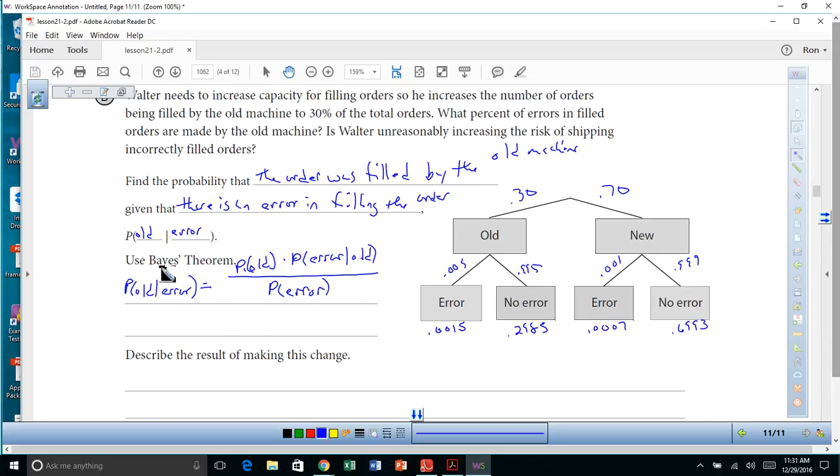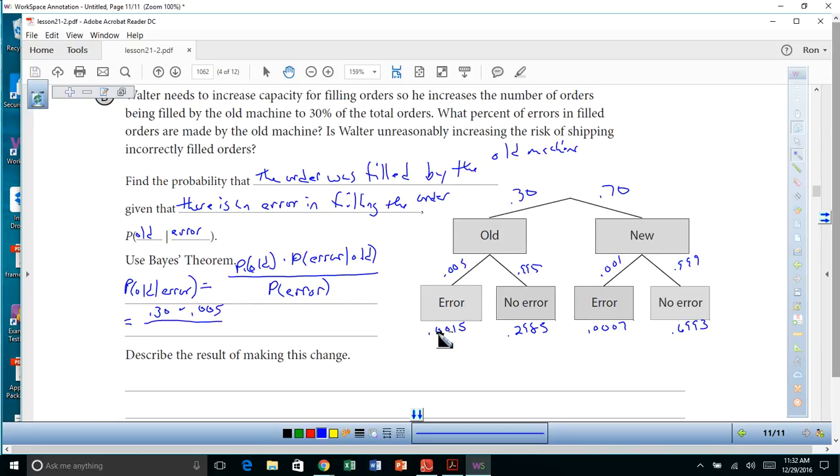So the probability of old is 0.30 times an error given the old machine, which is 0.005, and we're going to divide that by the probability of an error.